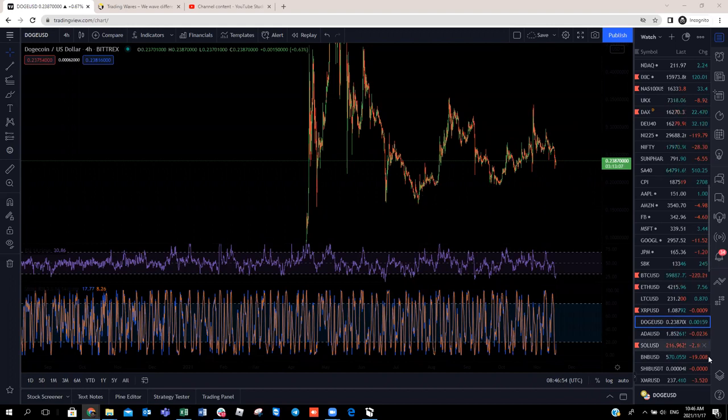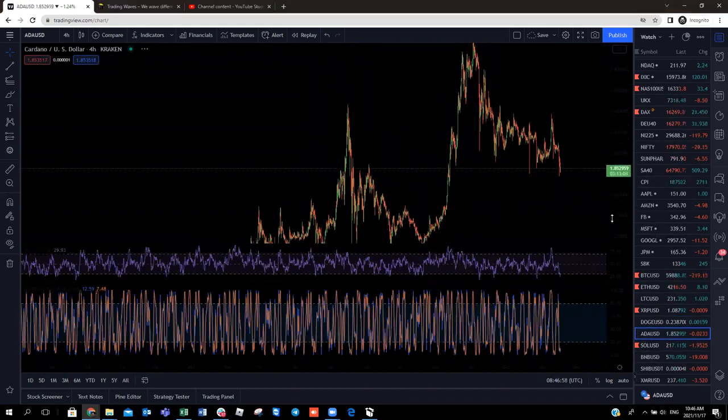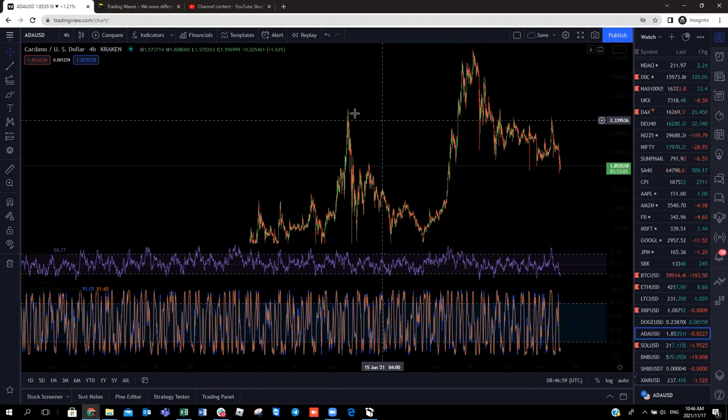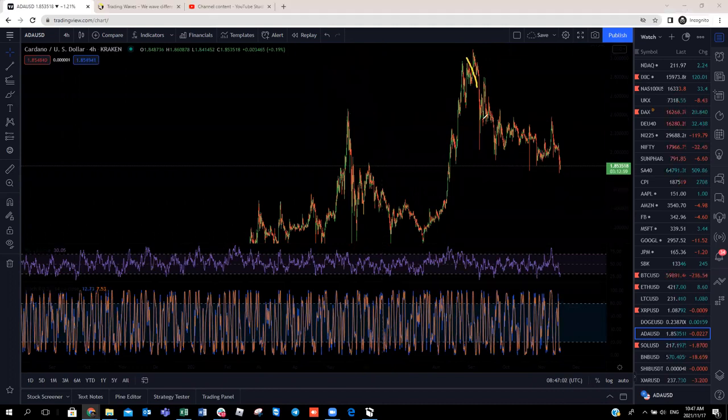ADA. Three waves up, 3 waves down, rather 2 waves down and up, and 3 waves down. So we'll be looking to see what structure is currently forming here. So what we have here looks like this.